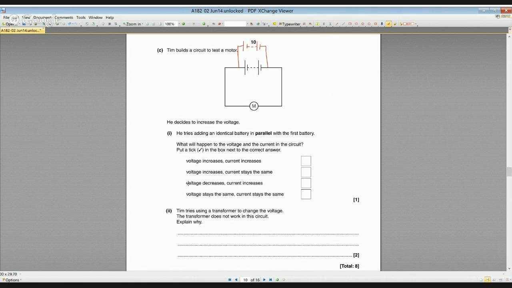The voltage will stay the same. So straight away, we can rule out this one because it says that voltage increases, and this one because it says that the voltage increases, and this one because it says that voltage decreases. So it must be the last one, that voltage stays the same, because in any parallel circuit, the voltage is the same in each branch.